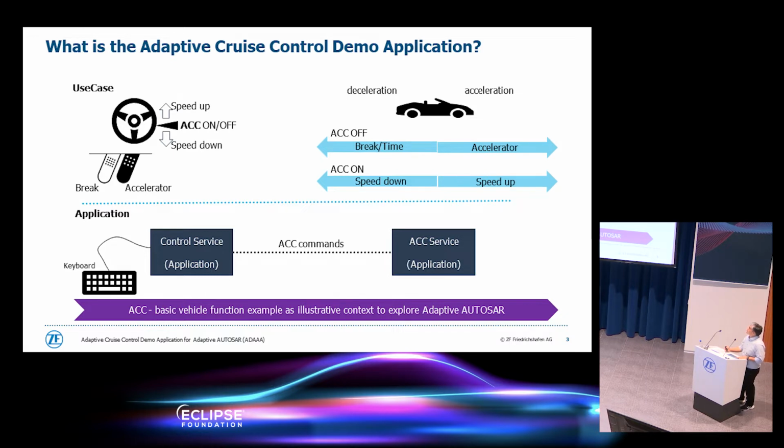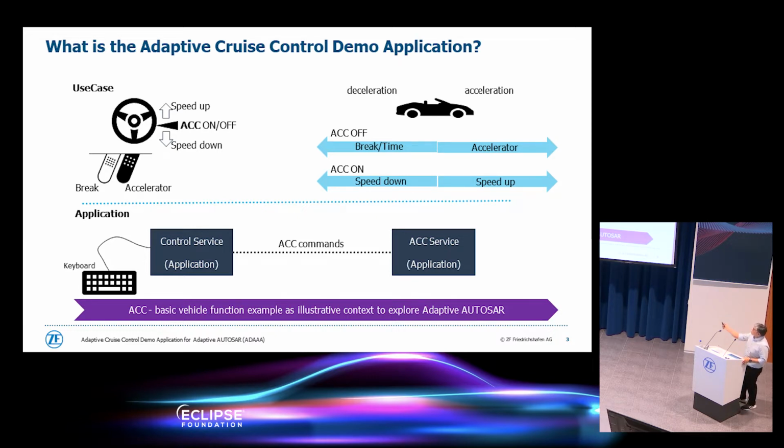If the ACC is on, you use the speed up and speed down buttons to accelerate and decelerate the car. I think that is quite a common feature and everybody can relate to it. It was important for us to take something simple, yet interesting enough to start exploring the adaptive world with it. And you see down there how that use case is implemented.